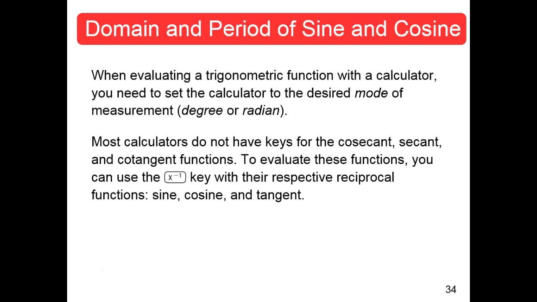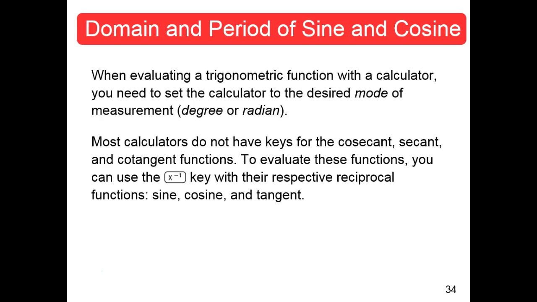If you want to change modes, there is a key that says either D point to R or R point to D or something like that. If you have a graphing calculator, there's usually a mode key on it. When you press the mode key, it gives you a bunch of modes. Find the ones that deal with radians and degrees. Make sure you're in the right one. A lot of times there will be a third option called grad, and we aren't dealing with grads yet. You'll get into that in calculus. So stick with radian or degree. Make sure you're in the right mode first.